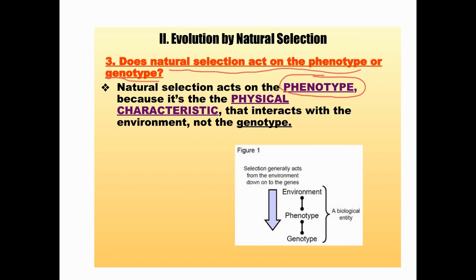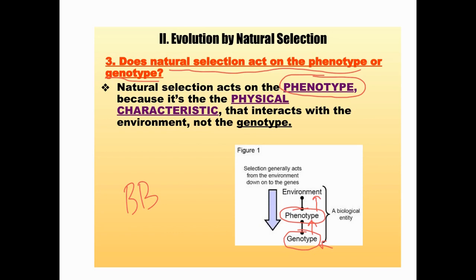Now, of course, it is your genotype which gives you your phenotype, maybe fur color, but it does not matter what your genes are. All that matters is what your fur color is. If your fur color is brown and you live in the desert, you will be well adapted to that environment. So if fur color is dominant and you're homozygous for brown, good, you have brown fur.